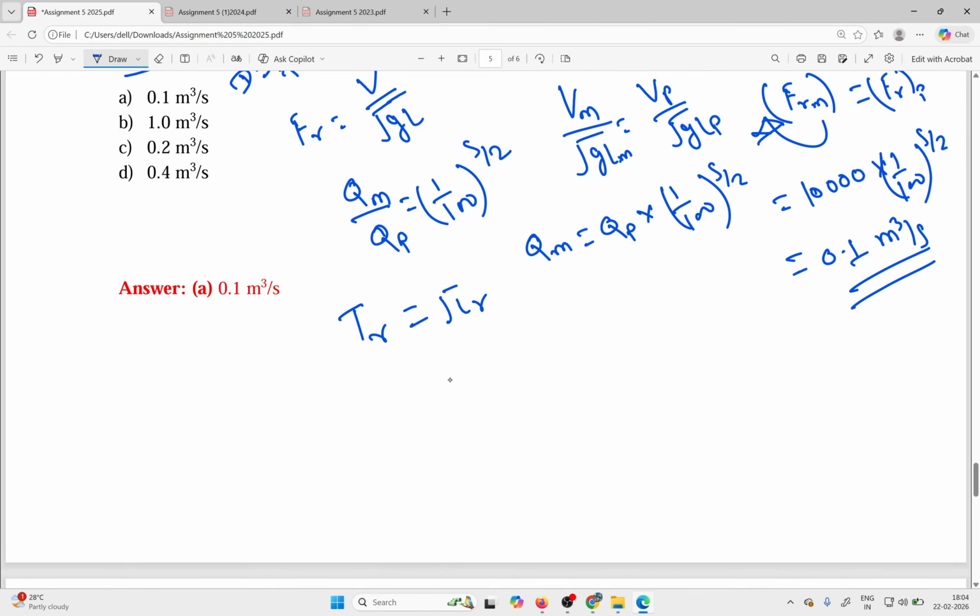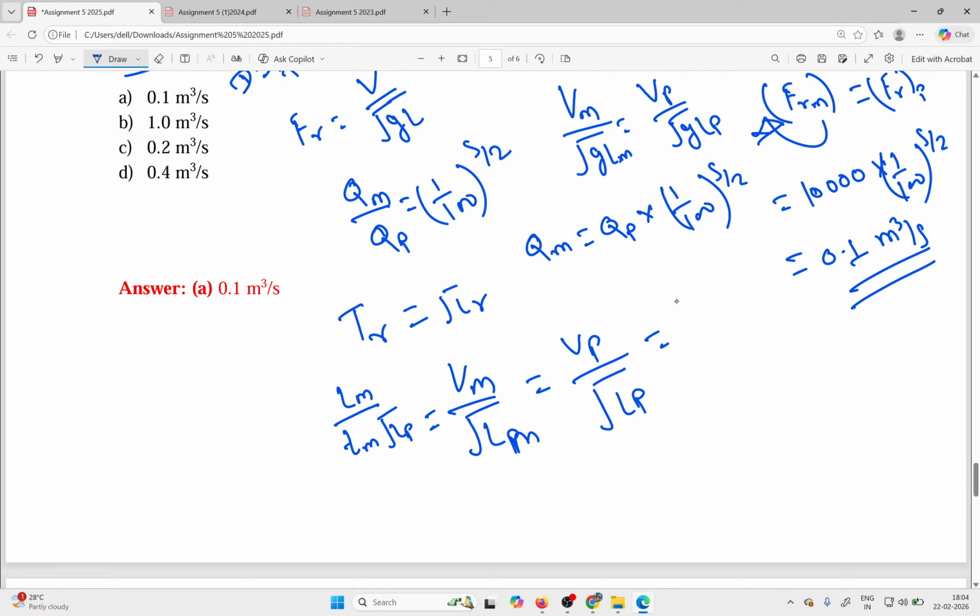Vm divided by root g will be cancelled out, so I'm writing directly Vm divided by root Lm equals Vp divided by root Lp, and V is nothing but meter per second, which means Lm divided by Tm over root Lm equals Lp divided by Tp over root Lp.